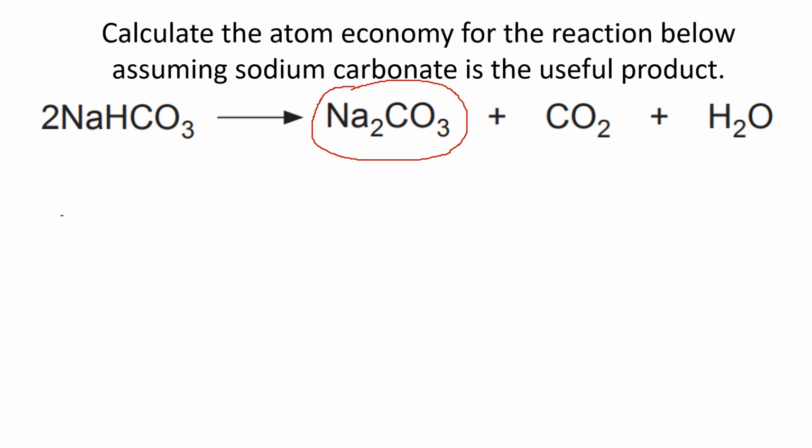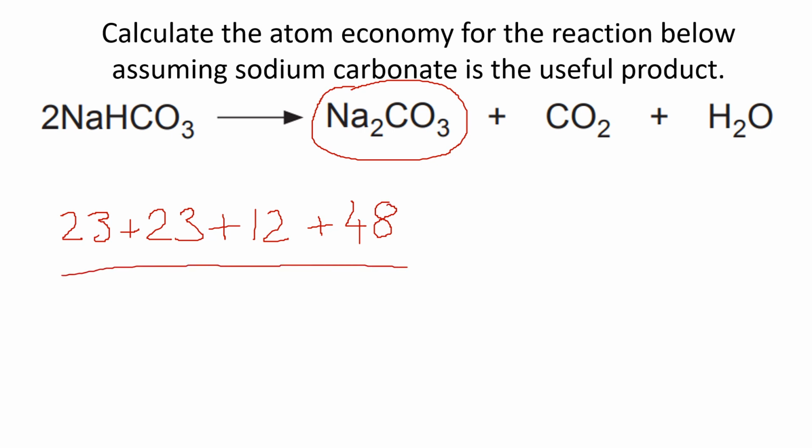So sodium is 23, so you've got 23 plus 23 because there's 2 of them, plus carbon, which is 12, and 3 lots of oxygen, which is 48 in total, 3 lots of 16. And then you divide that by the molecular mass of all the products. So that's your 23 plus your 23 plus your 12 plus the 48.